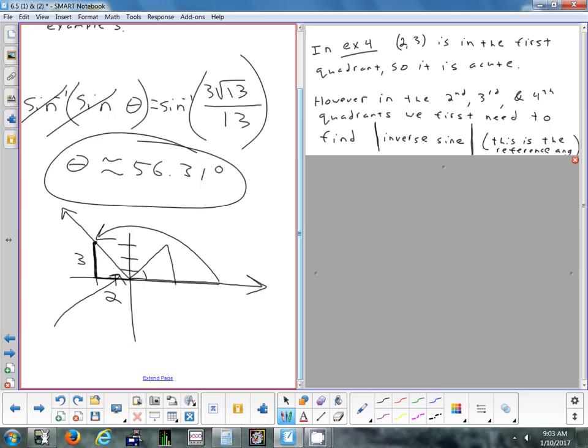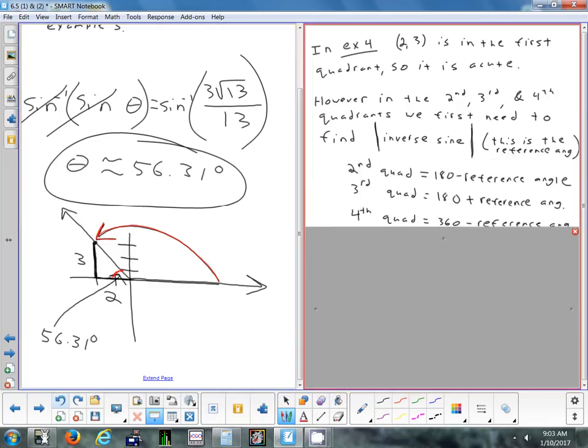It's just flipped into quadrant 2. So how big was this angle before? It was 56.31. And now, if this part is 56.31, how would you figure out how much this part is?